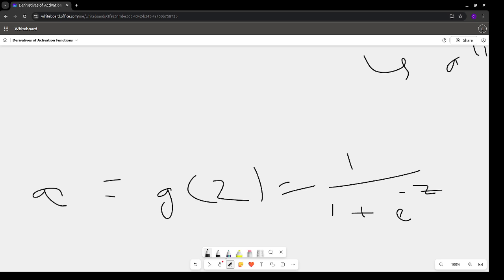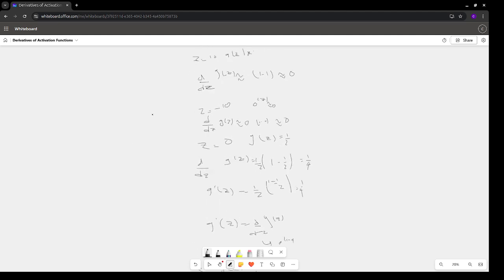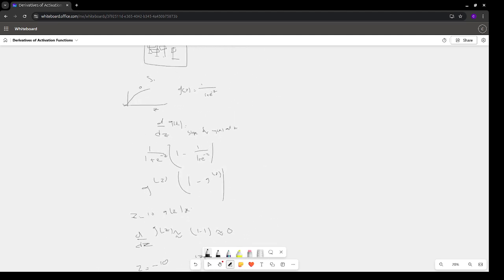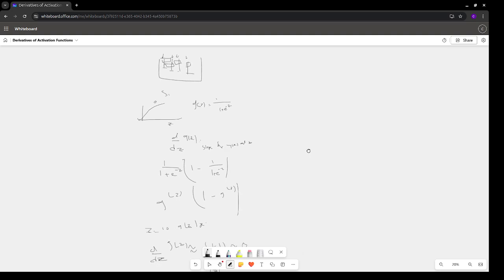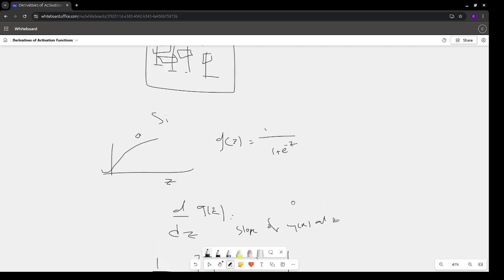The slope of this function is like a math problem that shows how fast it grows. So we can solve that problem. The formula for that is just what we derived right now. So this means if you see something big, your value will get bigger and bigger. But if you see something small, your value will get smaller and smaller.